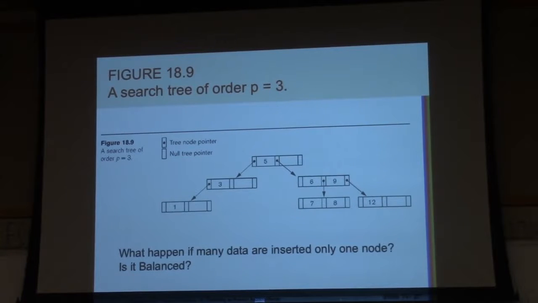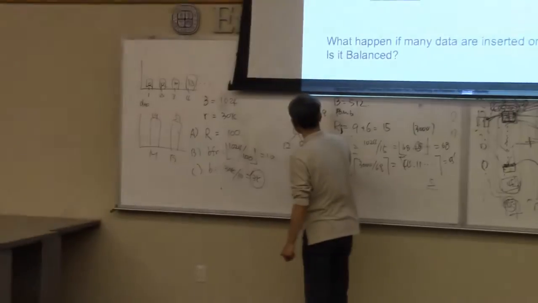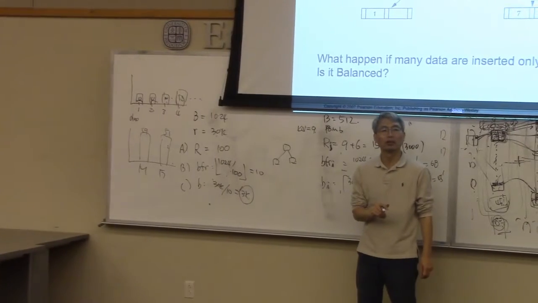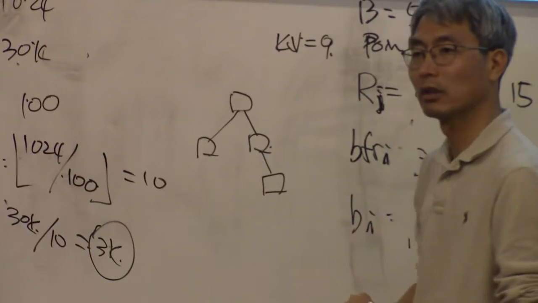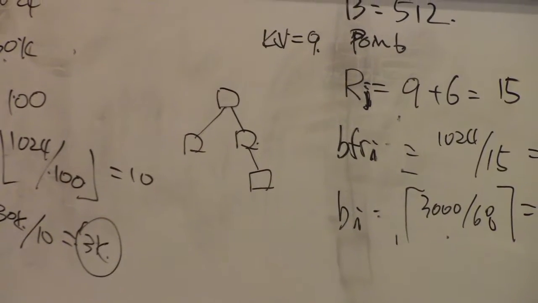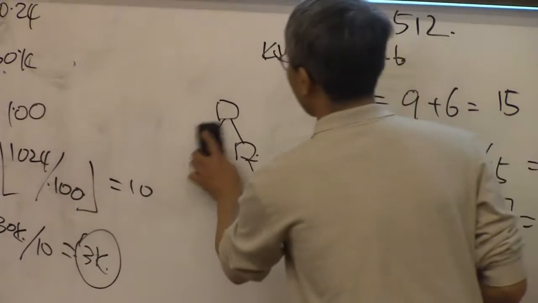What if? Do you remember, is this a binary tree or not? It's a binary. What about this one? It's still a binary tree, as long as each node has how many children? 2 children, that's okay. What about this?